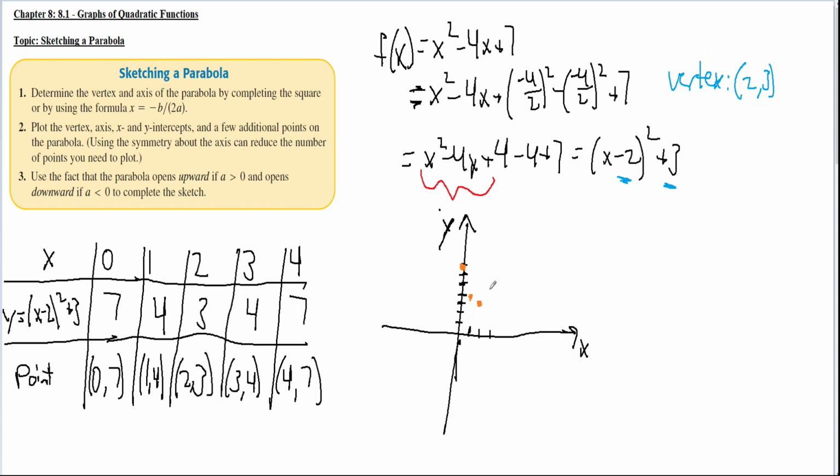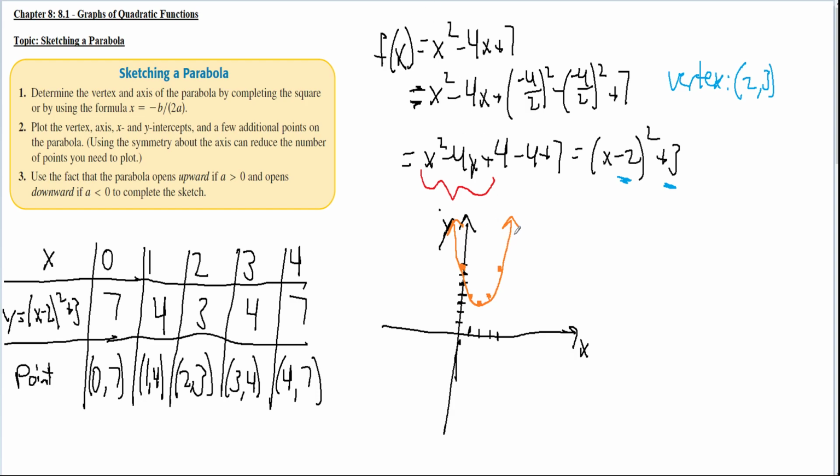And then we've already plotted the vertex, so then we move to 3 and we have that symmetry there, right? And then now I have to go one more tick to get up to 7. And so we plot that point, and now we can draw our line here to show our parabola. So it looks something like that.